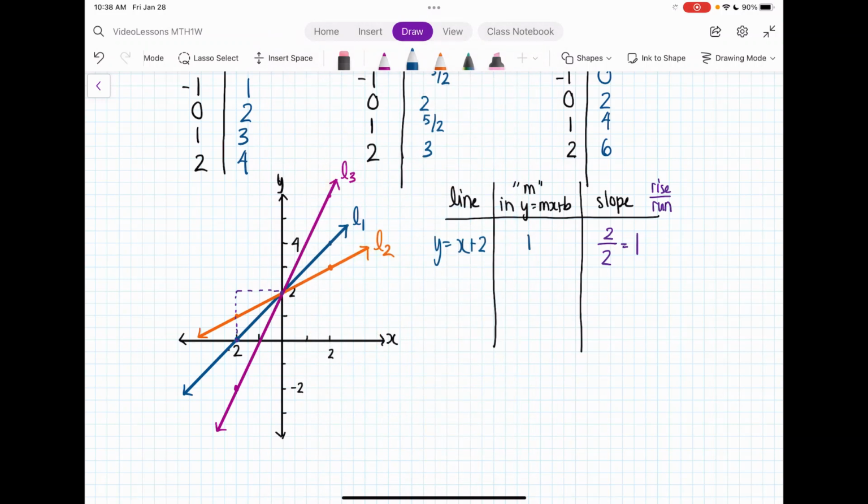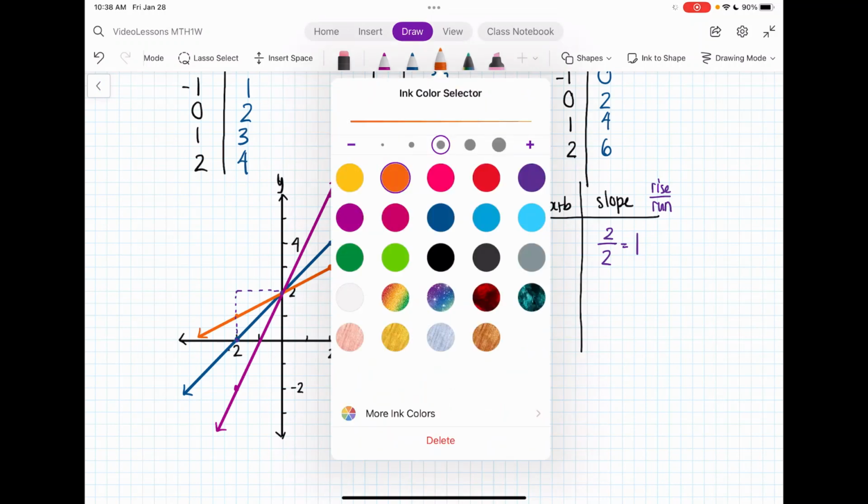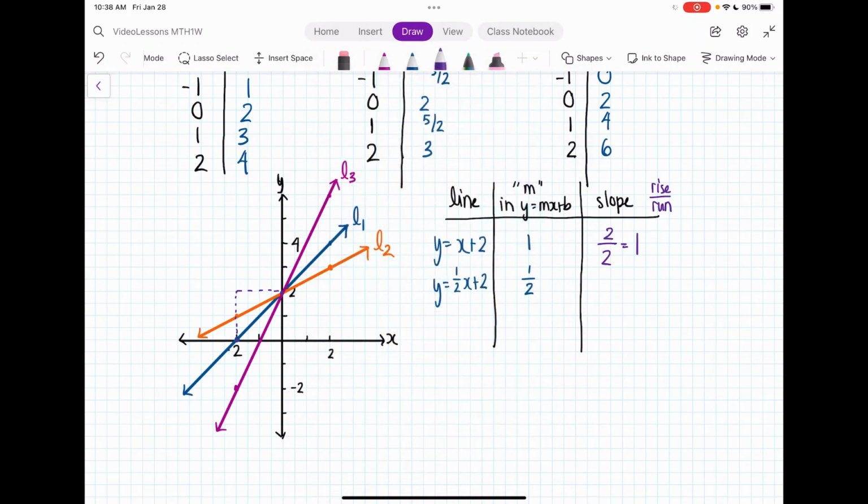Okay, so now we're going to do y equals a half x plus 2. So here, the m value is half, so 1 over 2. And now we're going to determine slope. So from my orange graph, I'm going to erase the dots that I have from my blue one.